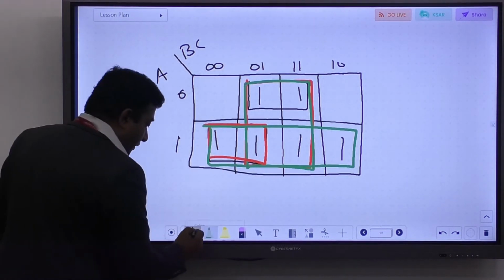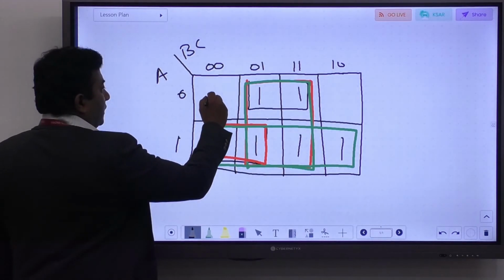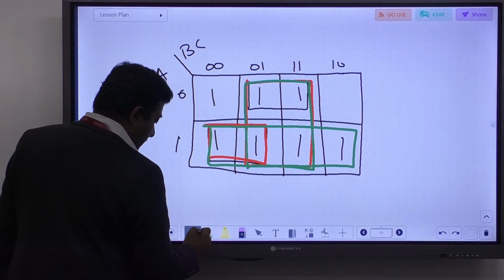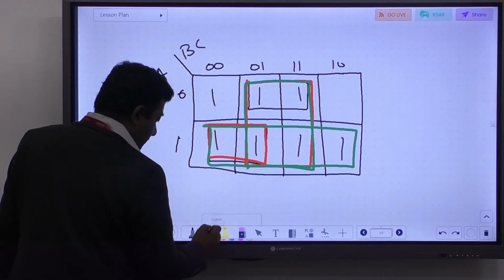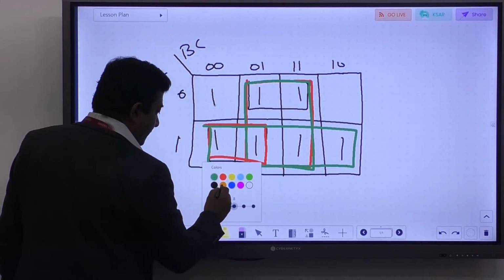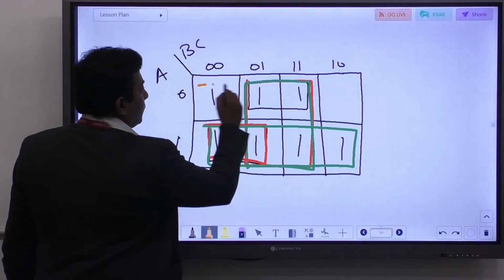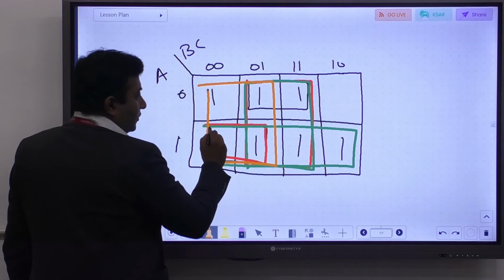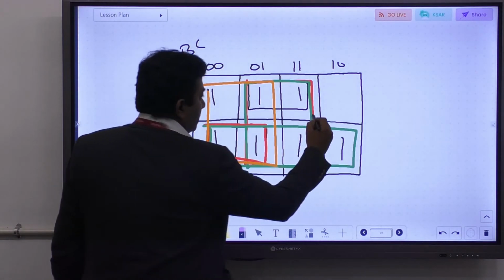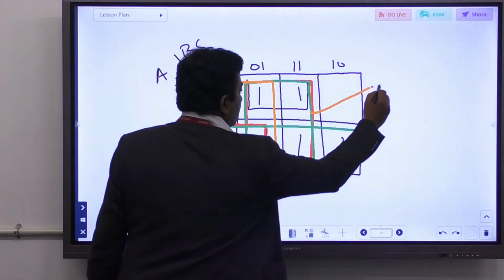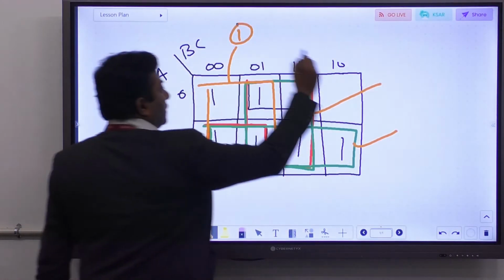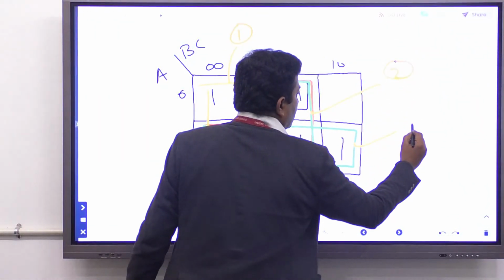Okay, and in case if a minterm is here, again we can generate one quad over here, one and the second quad and the third quad. This one is the first quad, this one is the second quad, and this one is the third quad.